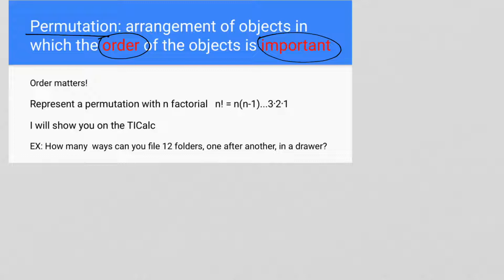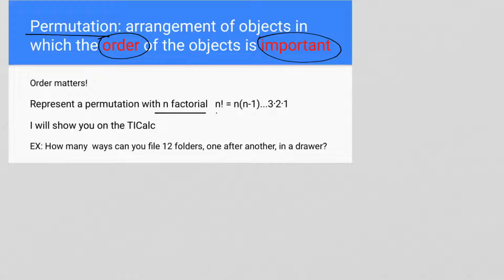One way is with this sign. They call it n factorial. It's n with an exclamation mark there. And it says it equals n times n minus 1 times n minus 2 times n minus 3, and so forth until you get all the way down to 3 times 2 times 1. I'm going to show you what this is on the calculator and also how to do this by hand.